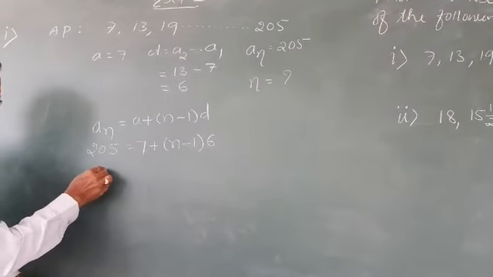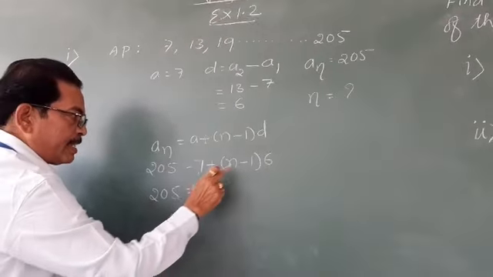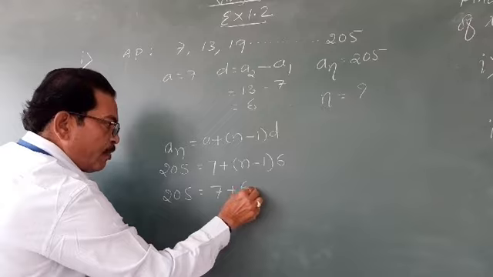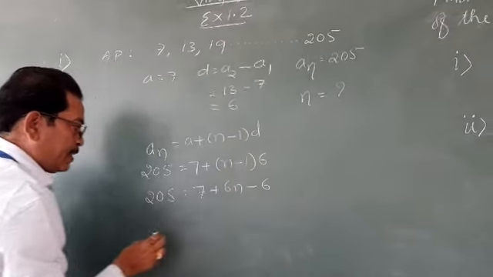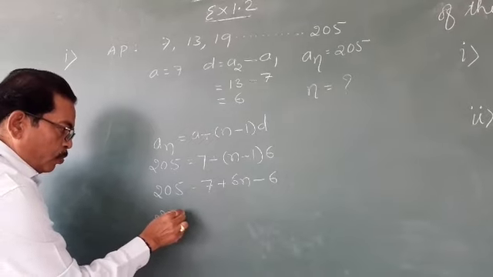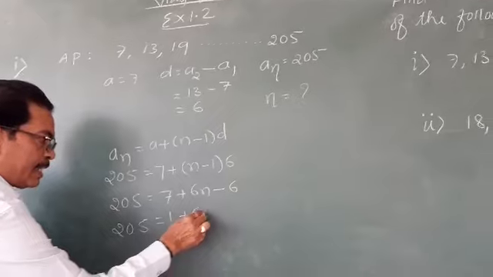Then 205 equals 7 plus, multiply by 6 for this term, 6 into n, 6n. 6 into minus 1, minus 6. What happens? 205, 7 minus 6, 1 plus 6n.